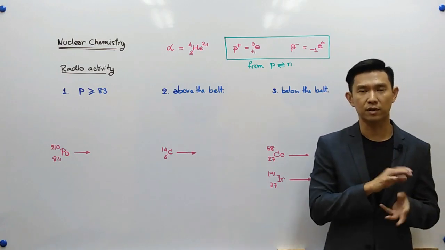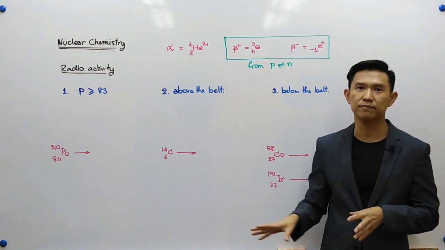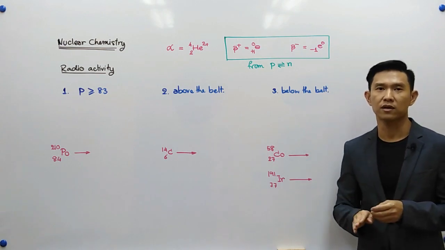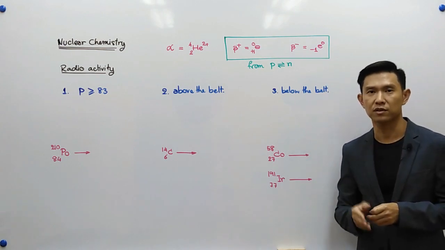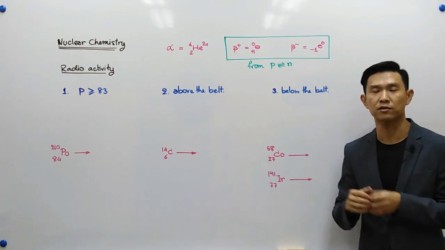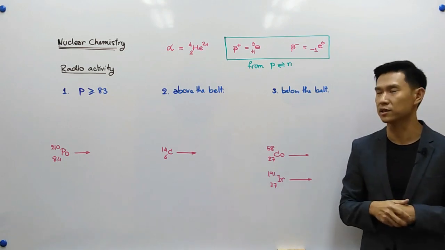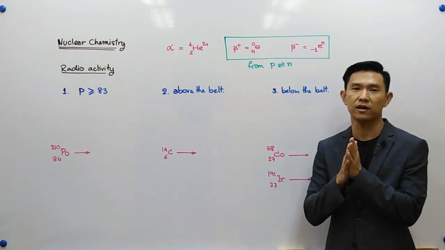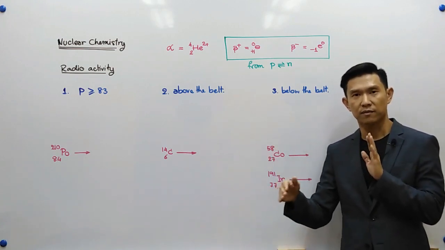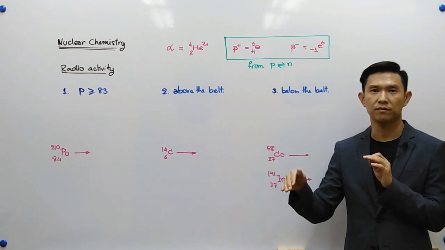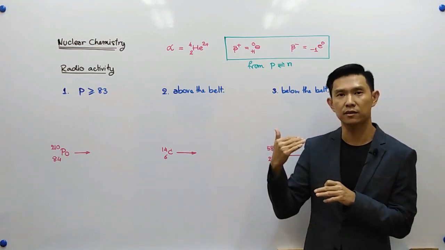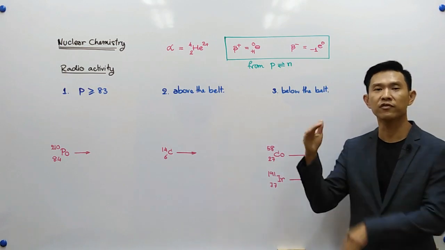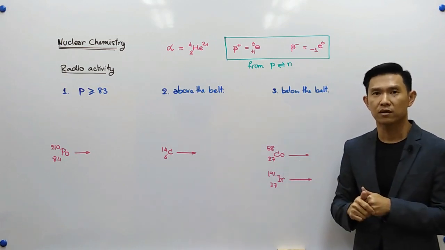They have to decompose and go back down to the belt of stability, forcing the protons to be less than 82 to make it stable, because of the electrostatic repulsion of the positive charges in the nucleus. But not only that, if it is in the area of 0 to 82 but not on the belt, maybe above the belt or below the belt, you have to move it back to the belt.